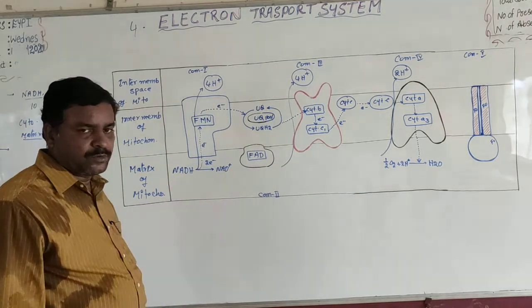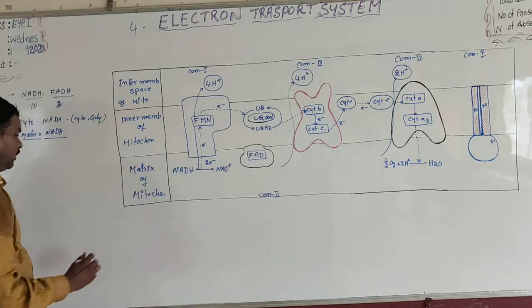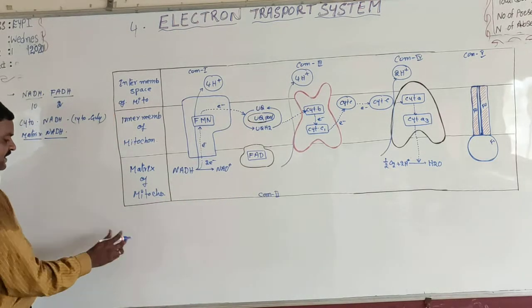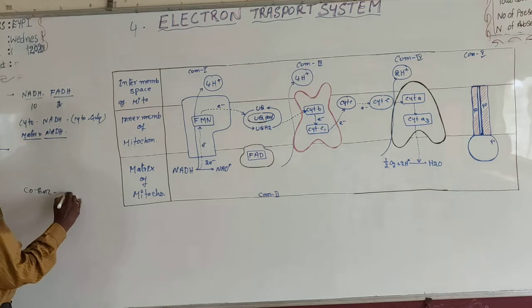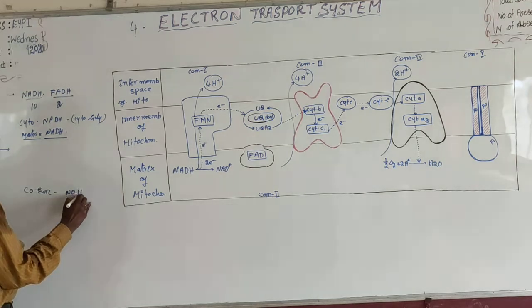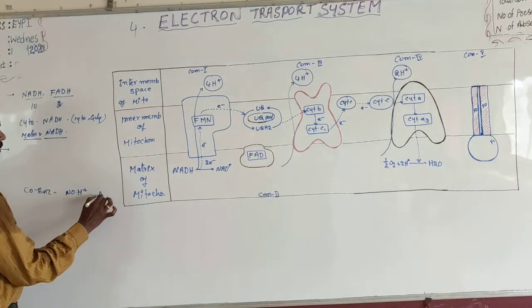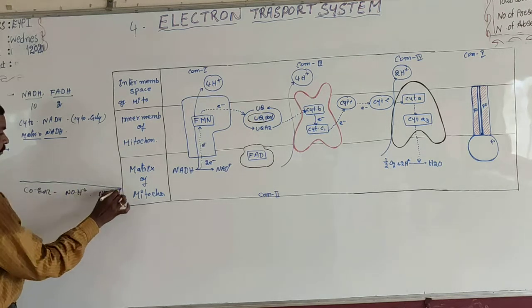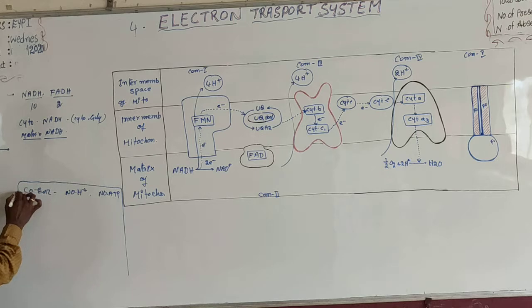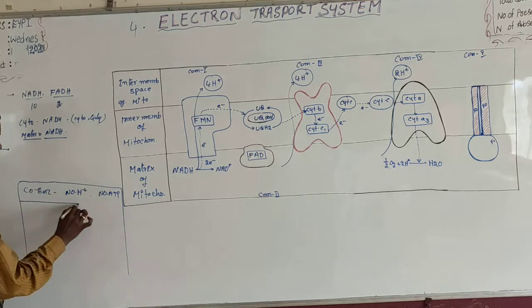Okay. Now coming to the important point. How many H plus? Coenzyme and number of H plus, number of ATP. Okay, very important points.